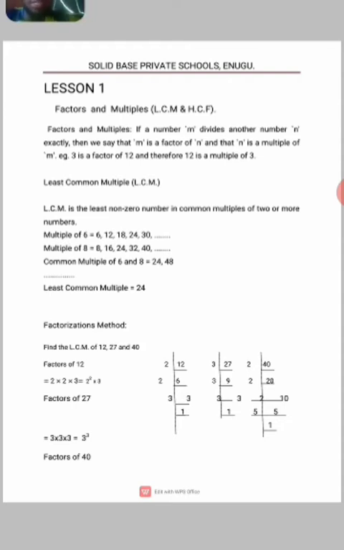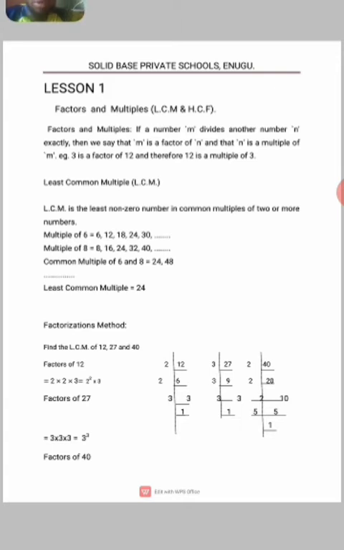Before we start the class proper, I would like to define factors and multiples. Factors are simply values that can divide through another value comfortably without a remainder. Those values that were divided through are called multiples.